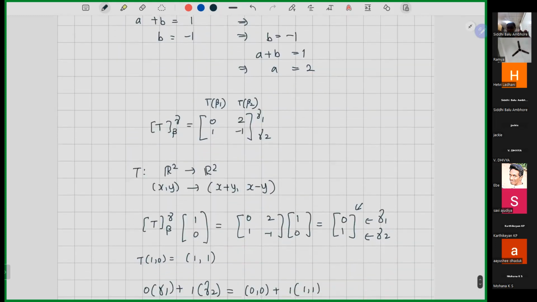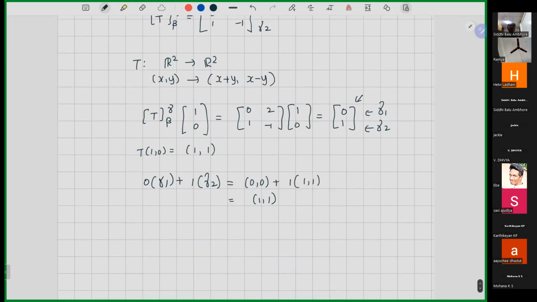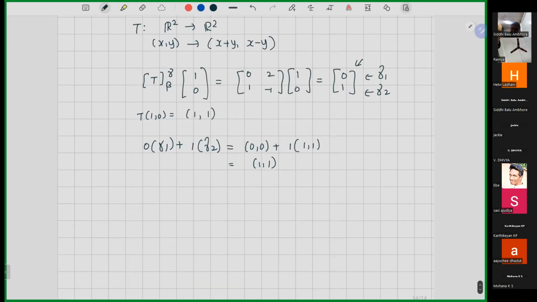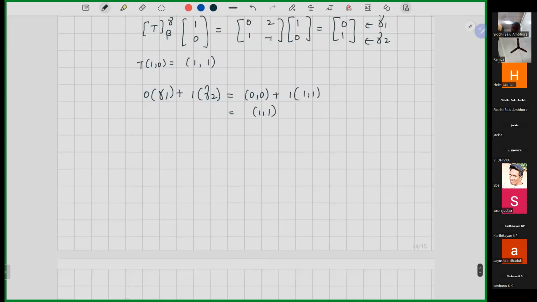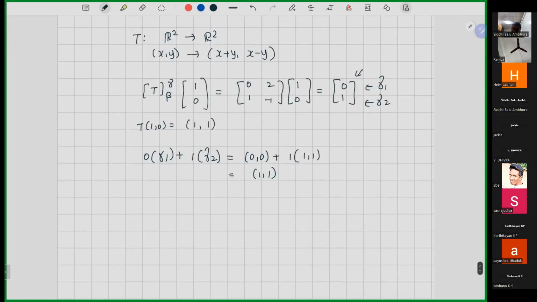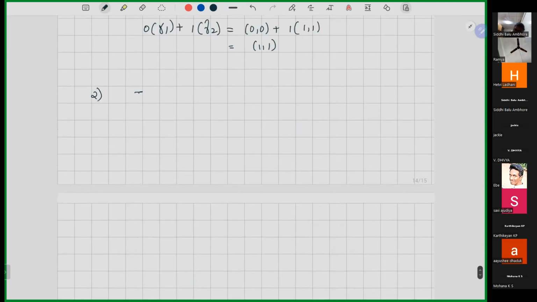And what we got here is actually the linear transformation matrix with respect to different bases. Now we are keeping the map the same. So I'm keeping the linear transformation the same, T from R2 to R2, and now we will change the bases.